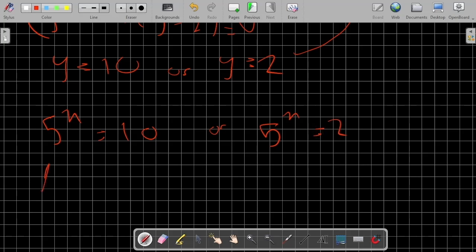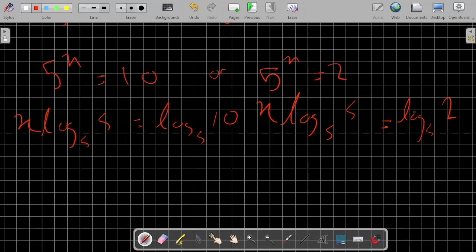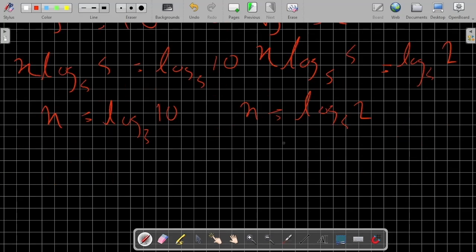So now to solve for x, you can log base 5 both sides, which will eliminate the 5 from the left side. So x equals log base 5 of 10. Next, x equals log base 5 of 2, and so these are your solutions.